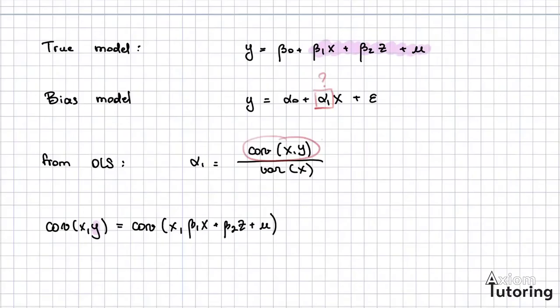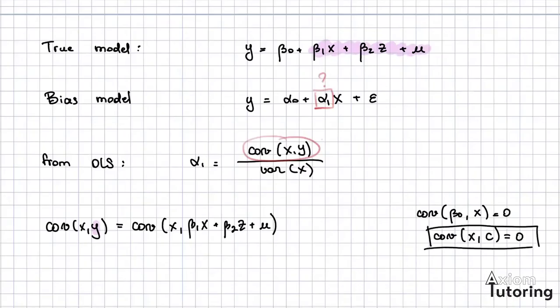Again, the covariance between beta 0 and x would be 0. More generally, the covariance between x and a constant c of any kind is 0. That is the rule you are using.